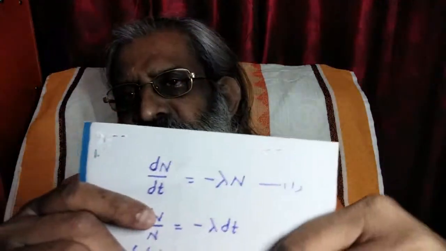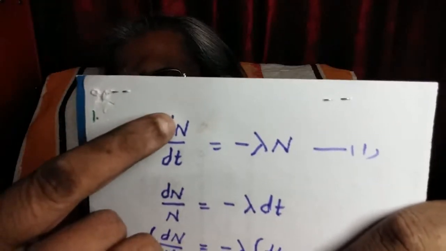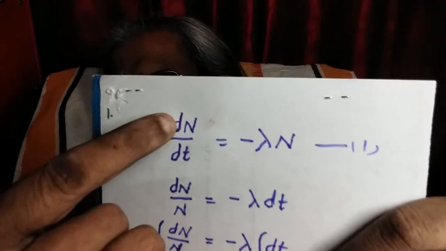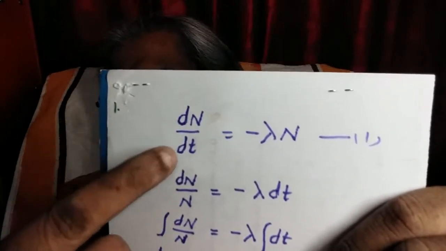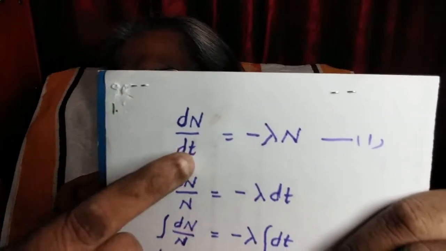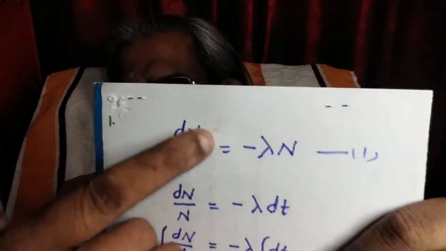That is expressed by the calculus notation dN by dt. The rate at which the nuclei are converted into daughter in 1 second, or rate of disintegration or activity, is dN by dt. The law states that this rate of disintegration is proportional to the number of active nuclei present.